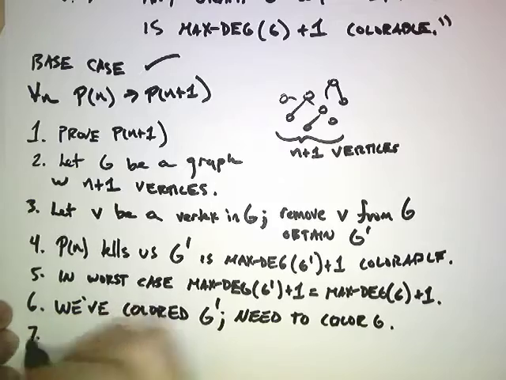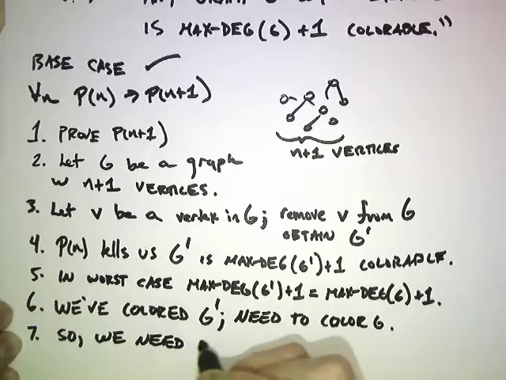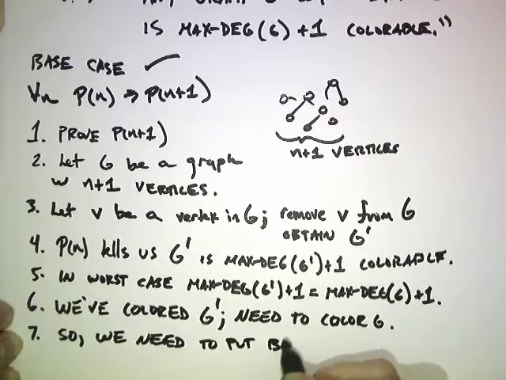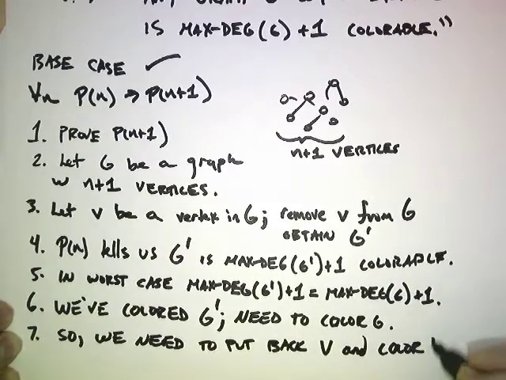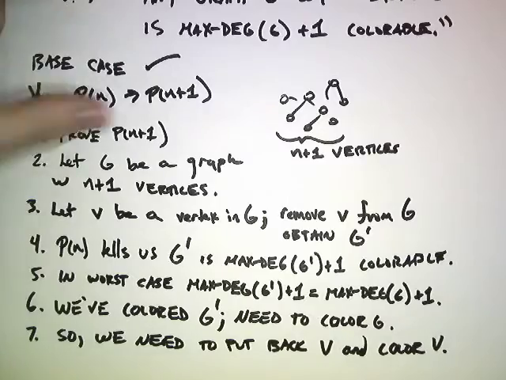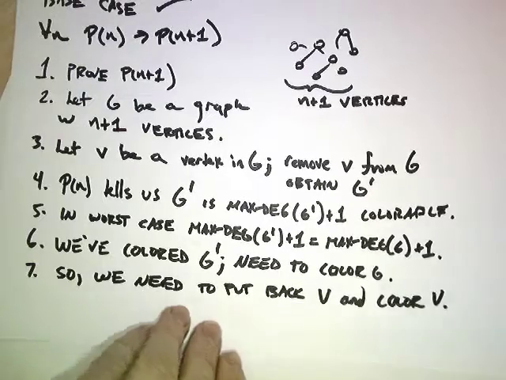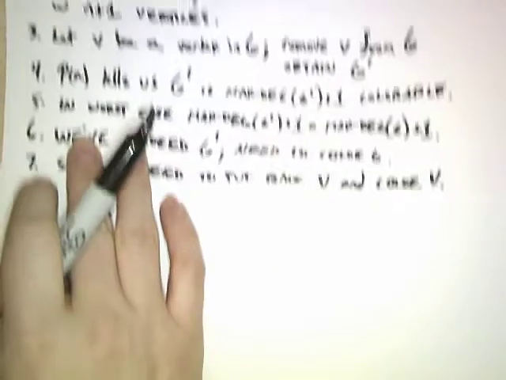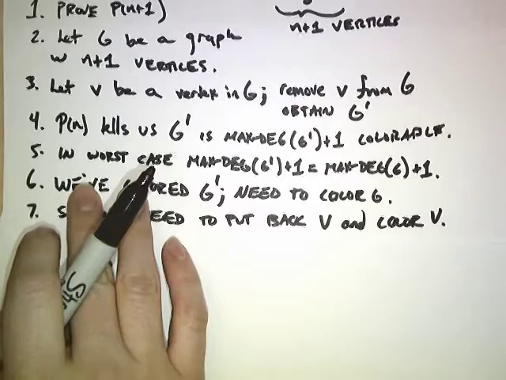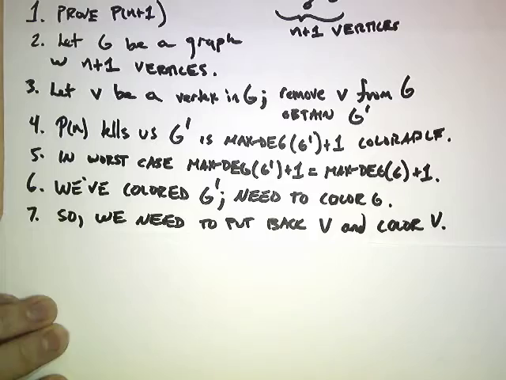Well, we need to put back V and color V. Remember, the only difference between G and G prime is that we took out this vertex V. Okay, so we need to put back V and color it.